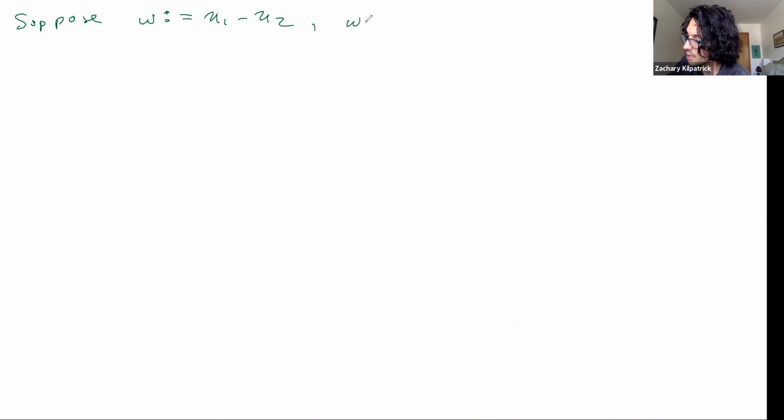Okay. Well, then if we take the difference and apply linearity, then w should satisfy our original PDE, on x from 0 to L and t greater than 0.